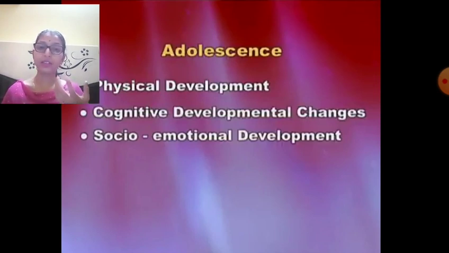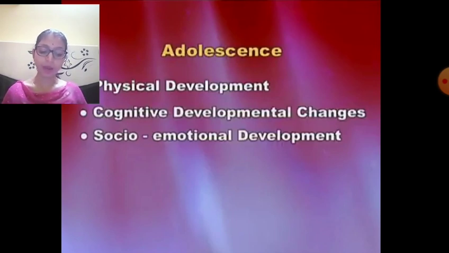The adolescent is showing abstract thinking, logical thinking, and idealistic thinking. They understand themselves better, and they understand other persons' views, ideas and experiences in a better way, and what others are thinking about them.